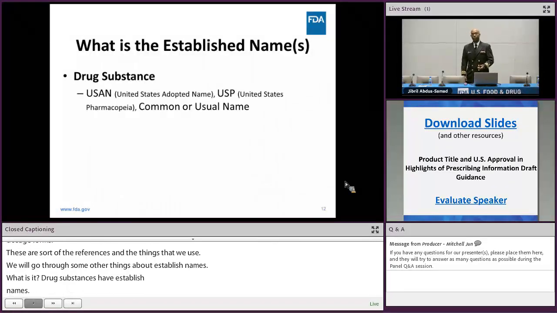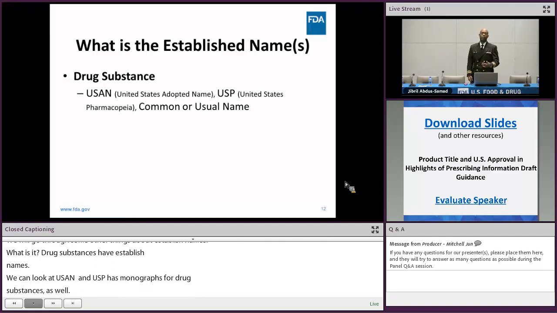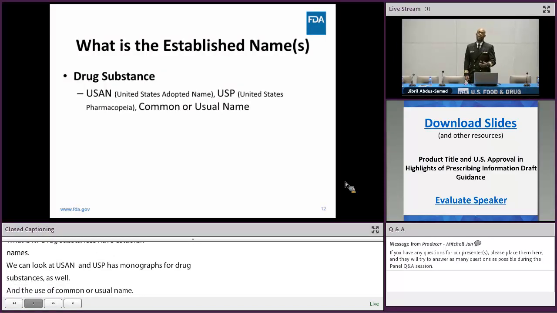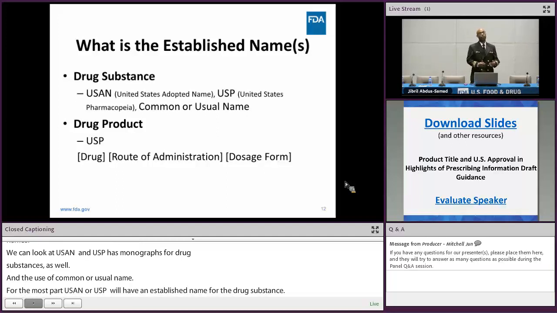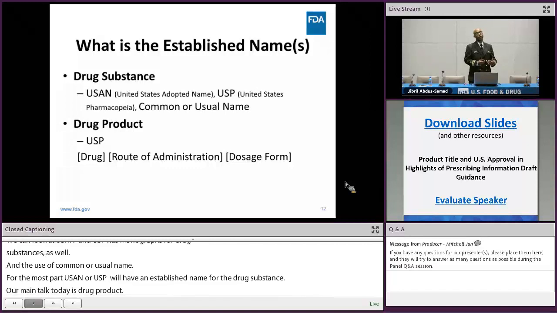Fairly uncommon is the use of the common or usual name, but for the most part, USAN or USP will have an established name for the drug substance. Our main talk today is drug product, but I still want to bring home the point that if the ingredients within your product are recognized in USP, that is the name you have to use for your ingredients in general.